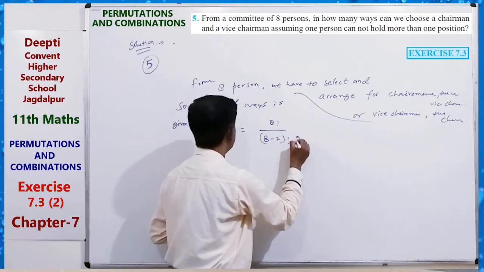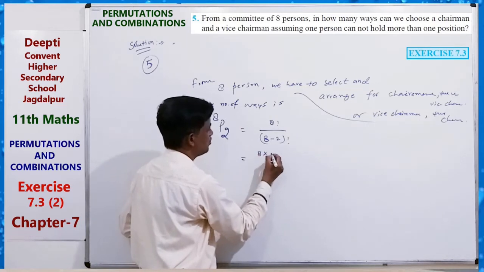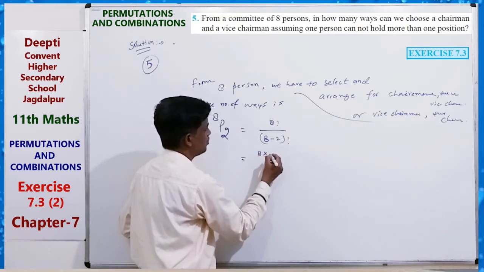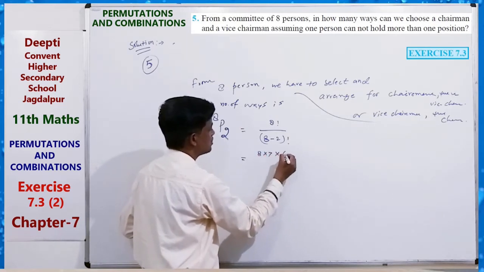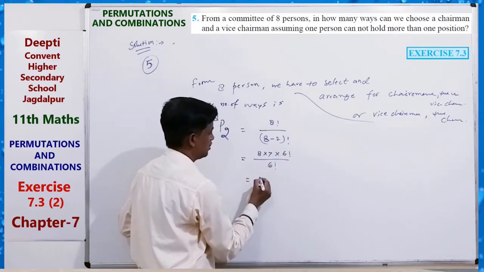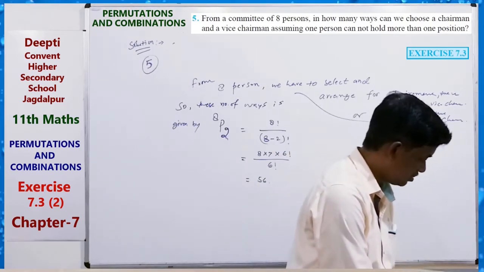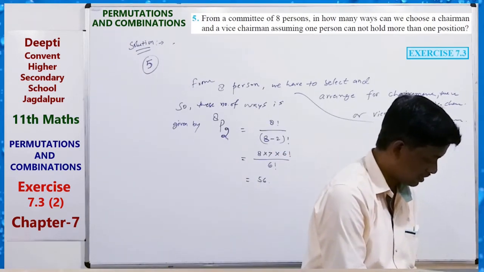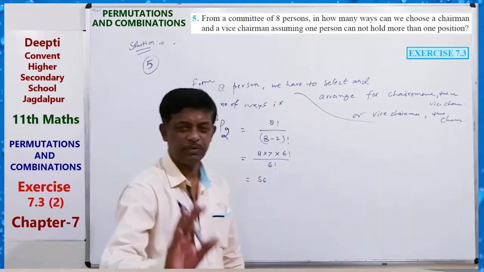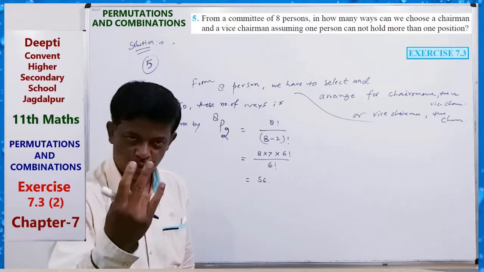So this equals what? 8 into 7 into 6 factorial upon 6 factorial, 56. Only 8p2 will give the answer, because we have to select only 2.